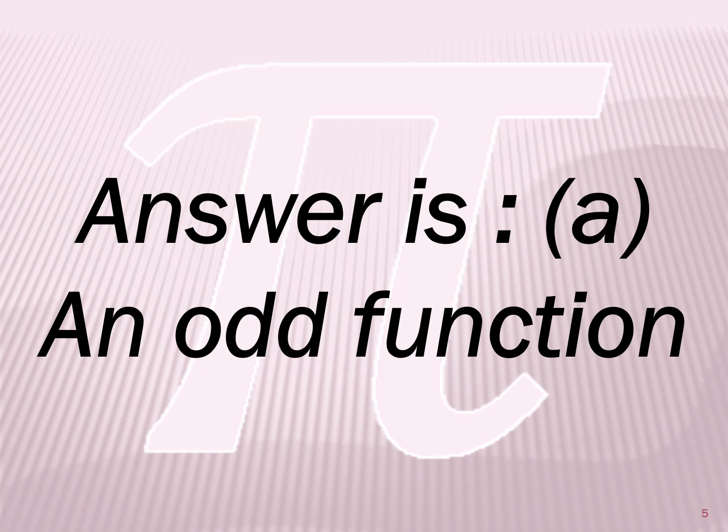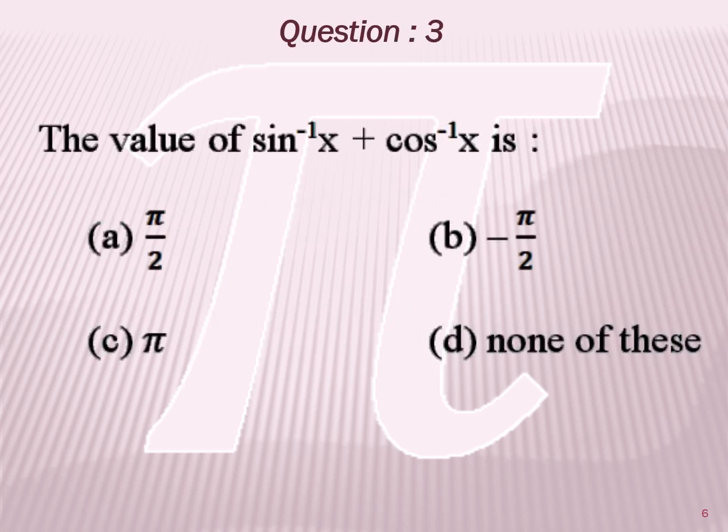Now find the value of sine inverse x plus cos inverse x. And the choices for this question are option A, pi by 2, option B, minus pi by 2, option C, pi, and option D, none of these.